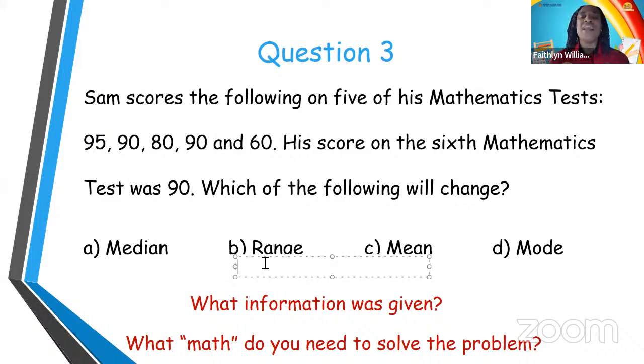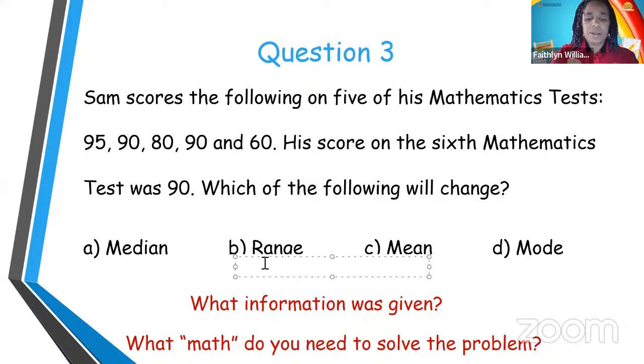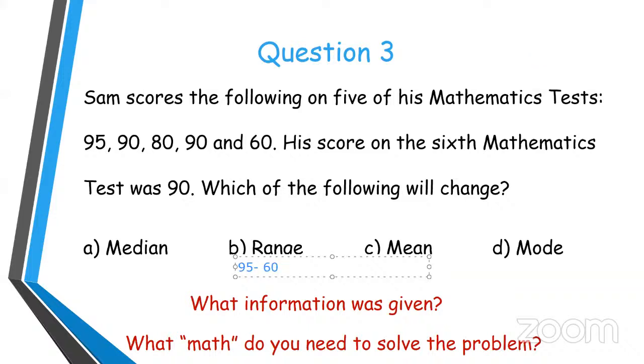How do you find the range of a set of scores? You find the largest and lowest number, and then you subtract the lowest number from the largest number. And what would that be? Okay, so we have 95 here, and we're taking away 60, which is the lowest. Awesome. Thank you.